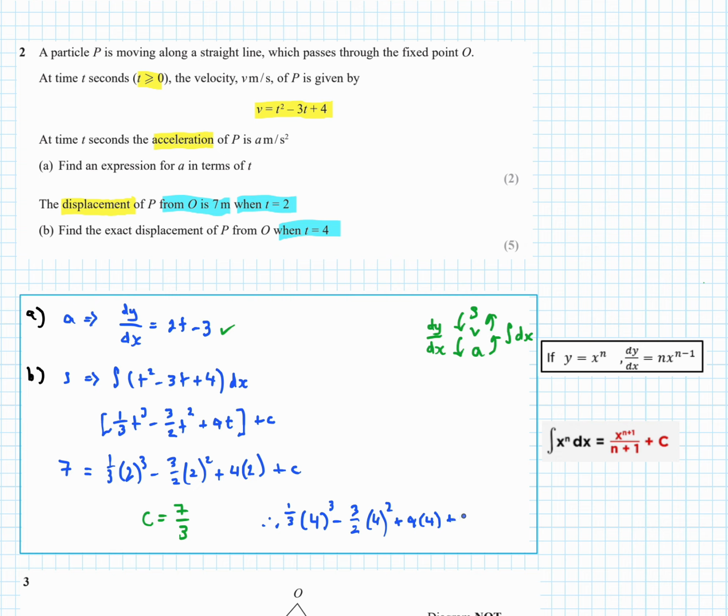Again, your calculator will do the bulk of the work for this. And the exact value is 47 over 3.